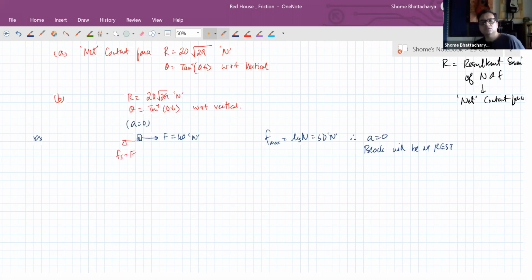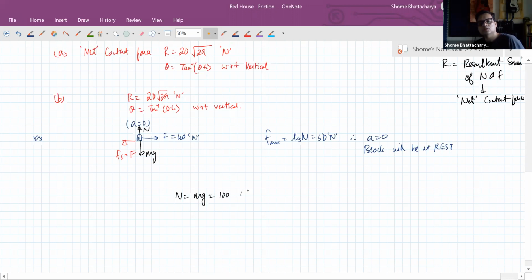So acceleration will be zero, and there will be static friction equal to F acting on it. Apart from this, of course, normal reaction will be equal to mg, which will be 100 newtons, and static friction will balance the external force, so it will be 40 newtons. So as far as net contact force is concerned on the block, there is static friction of 40 and normal reaction of 100. So their vector sum becomes the resultant contact force.